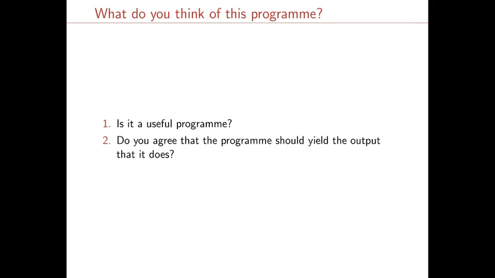In my opinion, this program is not useful. It should never have been written. And I agree with how Python and OCaml and Lean react to this program, and I disagree with how the programming language C reacts to the program and accepts it and evaluates, even returns some output, the output 104 for the sum.